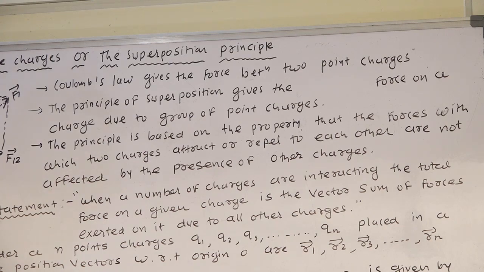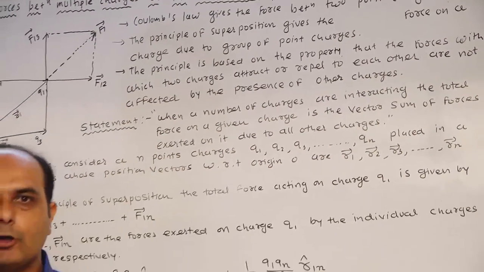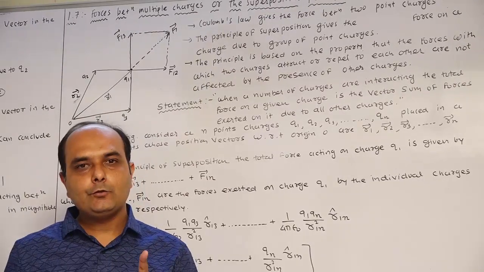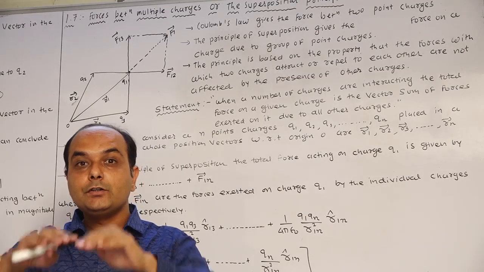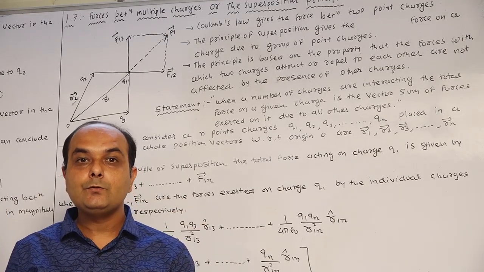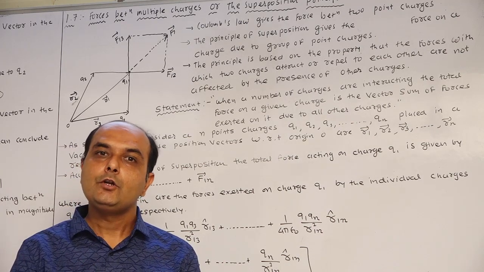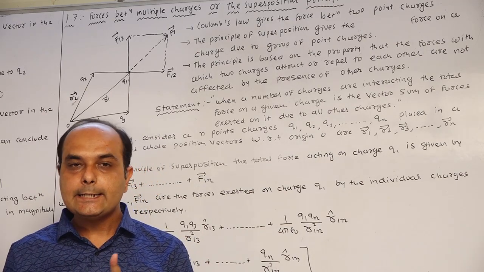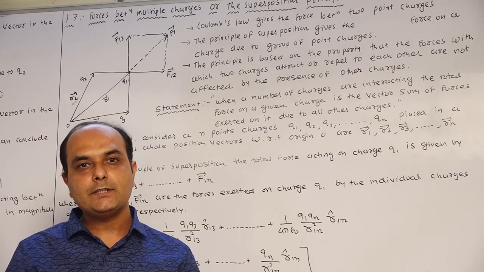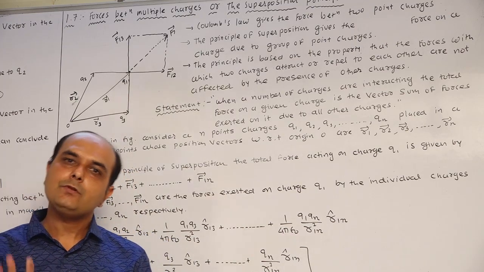This statement says that when two charges interact with each other, meaning maybe an attractive force or a repulsive force is acting, the presence of other charges around them does not affect the force between the two charges.